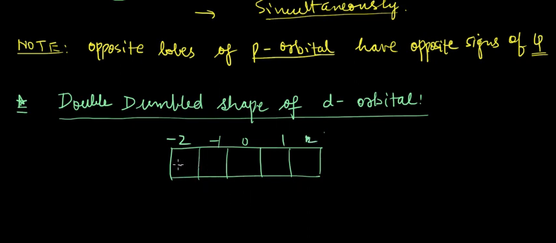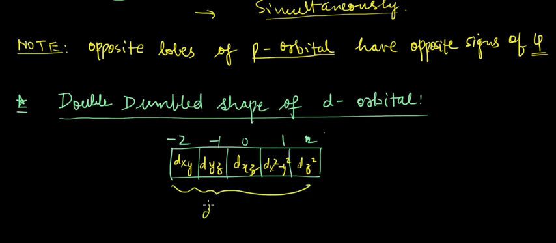So this is nothing but dxy. Let me write it with a different pen. This is dyz, this is dxz, this is dx square minus y square, and this is dz square. So this is nothing but d subshell.